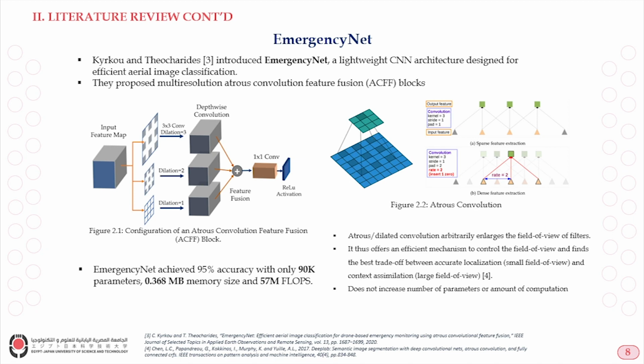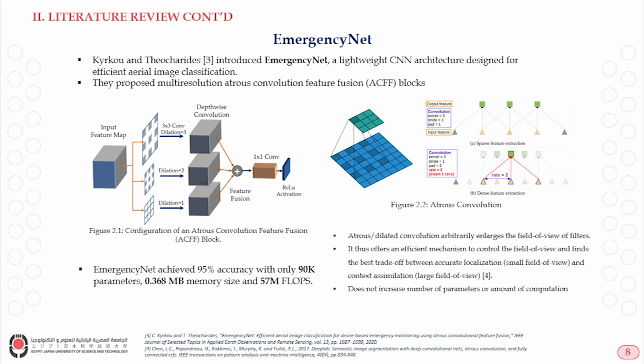It's simply like using the same kernel but in a different way. They proposed the use of 3 dilation factors, 1, 2, and 3, and they were able to achieve 95% accuracy with only 90,000 parameters on a data set for aerial image classification that we are also going to discuss.